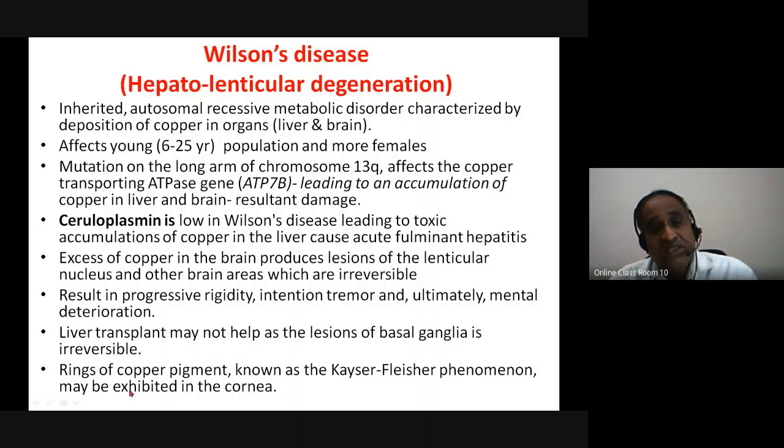Because of the excessive accumulation, the copper pigment also accumulates in the cornea, and that is known as the Kaiser-Fleischer phenomenon or ring. Kaiser-Fleischer ring is seen with a copper pigment. That is about hepatolenticular degeneration.